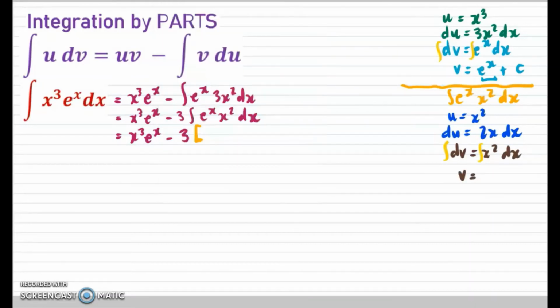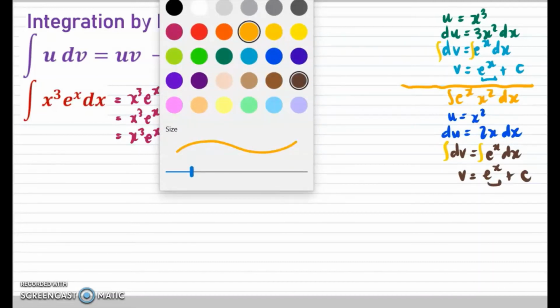We have v is, what's our dv, the remaining e raised to x dx, sorry. So that should be e raised to x. And the integral e raised to x dx again is e raised to x plus c, where we only get this. So let's have our u dv here.